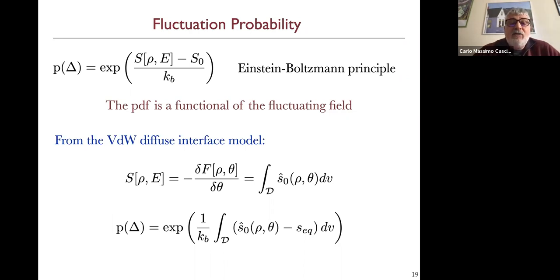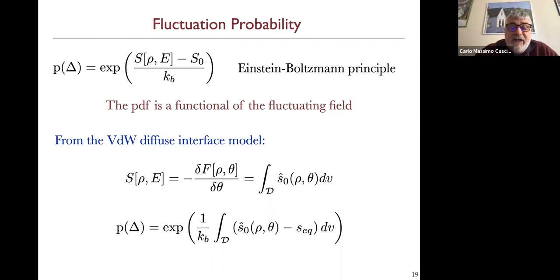Now, the point is, how can we obtain a model for this entropy function? That can be done by taking the van der Waals diffuse interface model that I was considering before and expressing the entropy as the functional derivative of the free energy with respect to the temperature, with a minus sign. If you do this computation, the result is an integral of an entropy density, a function of the local mass density and the temperature, integrated over the volume occupied by the system.